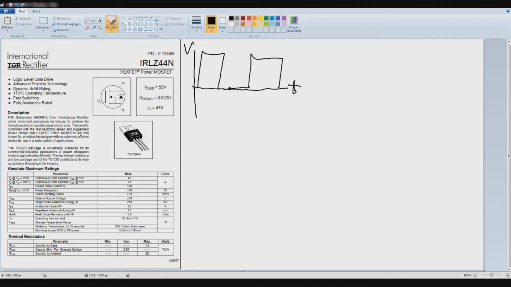As you can see, this is 0 and this is more than 0, so we'll call that 1. That's logic level. What it means is it's not using a very high voltage in order to be used.